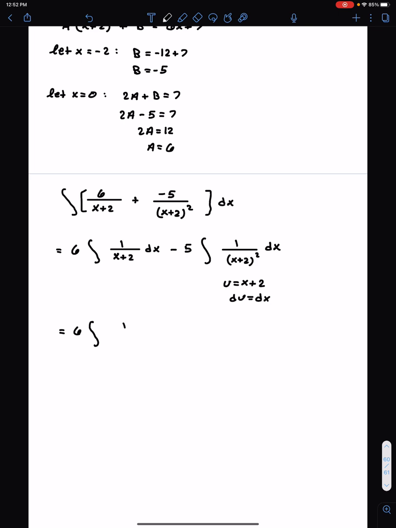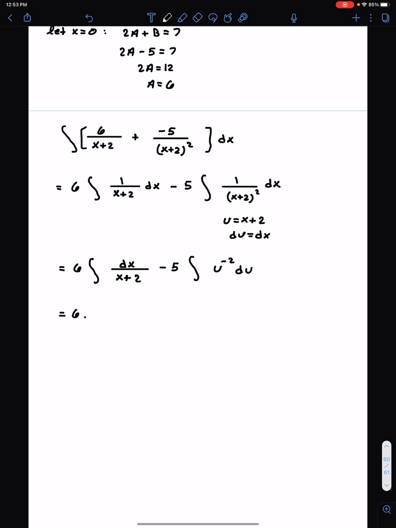So 6 times the integral of dx over x plus 2 minus 5 times the integral of 1 over u squared du, which turns into u to the negative 2 du.